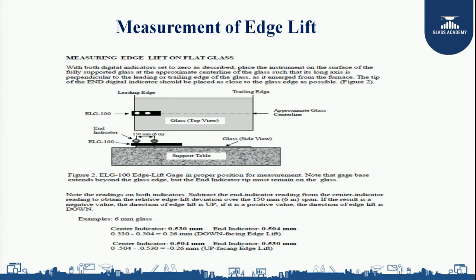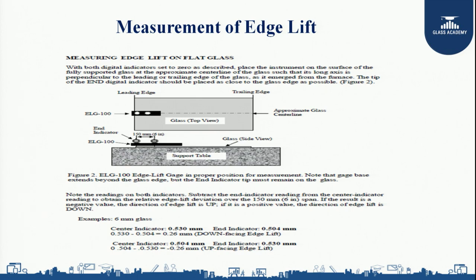So when I place the glass on the flatness table, I place the end gauge as close as possible to the edge of the glass, as you can see in the figure. This is my end indicator and the other one is my center indicator. For example, I am measuring on a 6 mm glass. The center indicator came to be 0.530 mm and the end indicator came to be 0.504 mm.